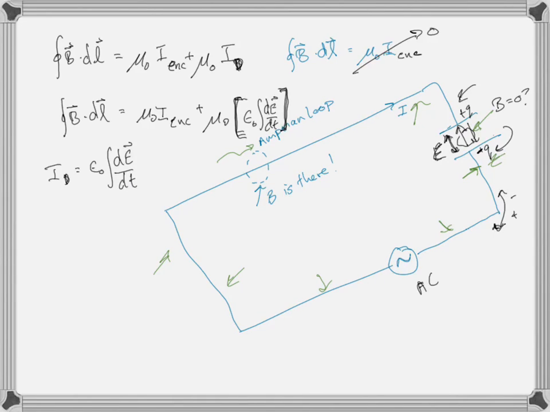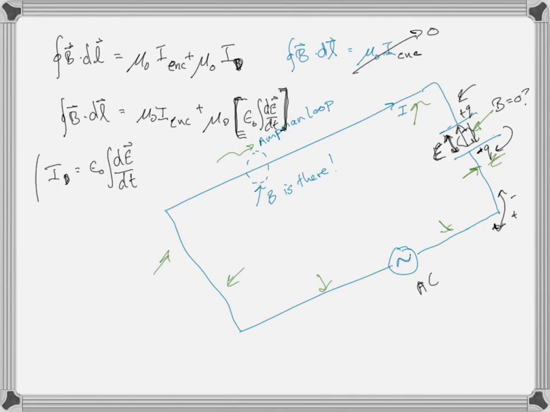It's just this term that he called displacement current, so it looks like Ampere's law. There is no displacement current. There is no current between the plates. It's just that he called it a current to make it look like Ampere's law, so that really either there's a current or there's a changing electric field.